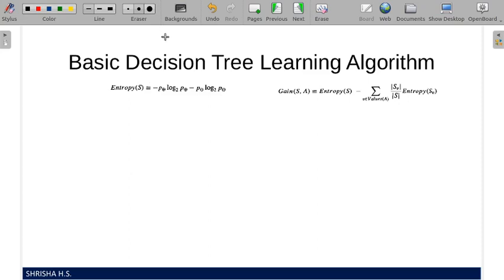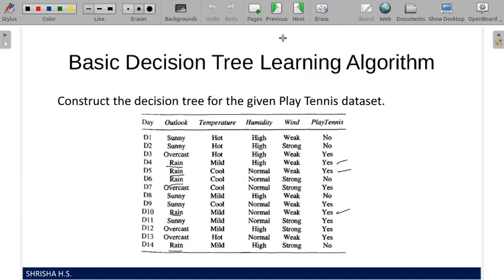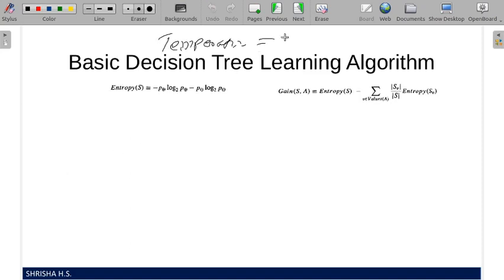Temperature has the values hot, mild and cool.